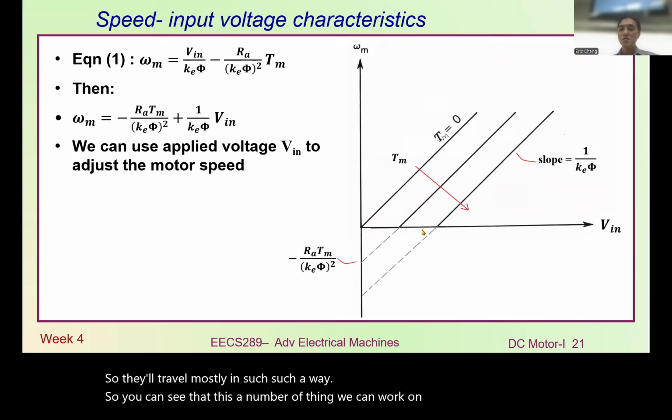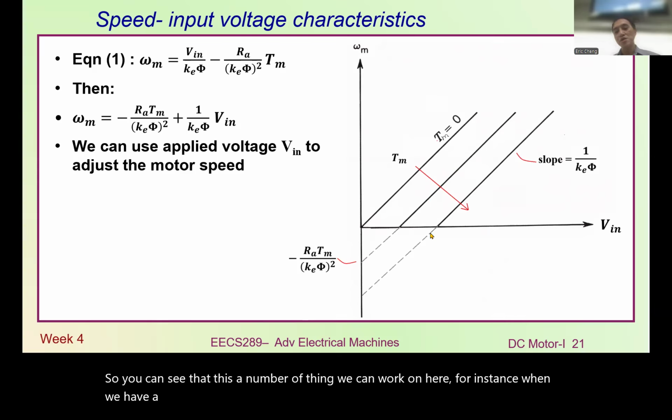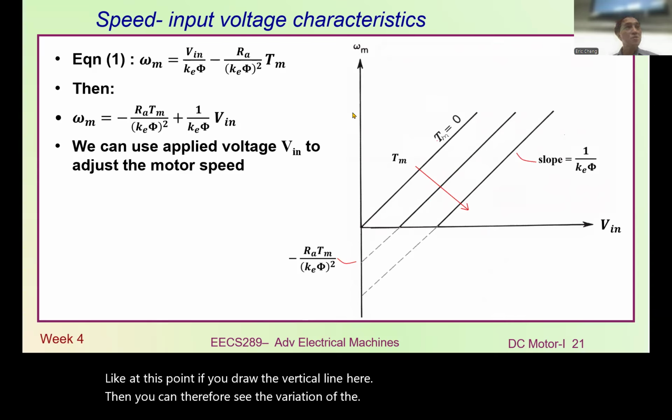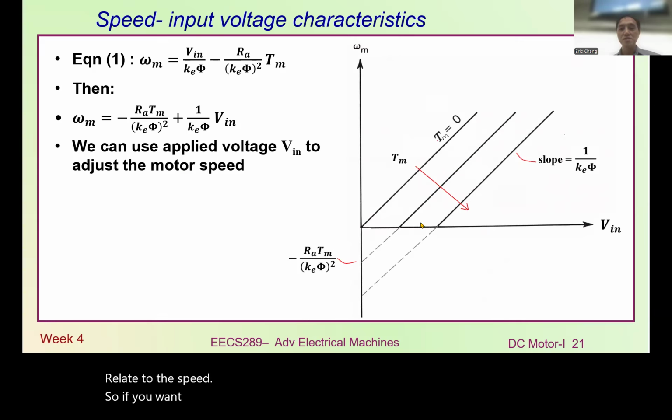For instance, when we have a constant voltage, like at this point, if you draw the vertical line here, you can see the variation of the torque relative to the speed. So if we want to increase the speed, we must decrease the torque and vice versa.